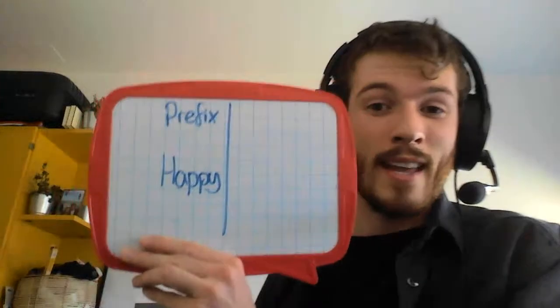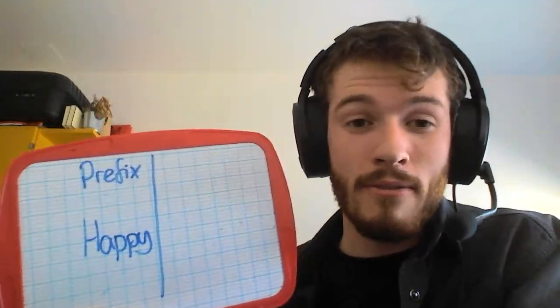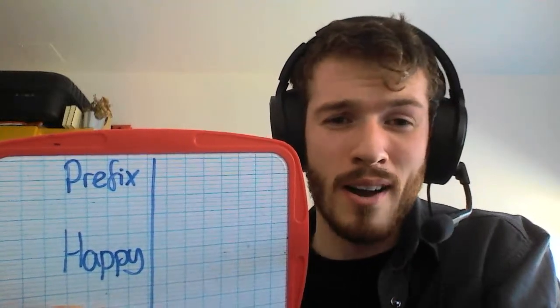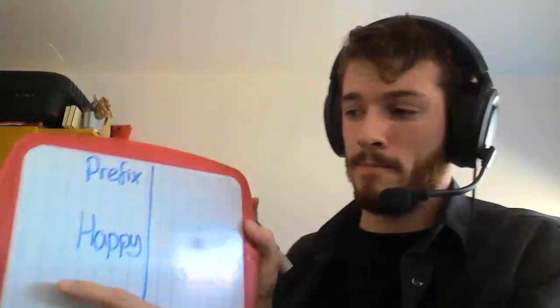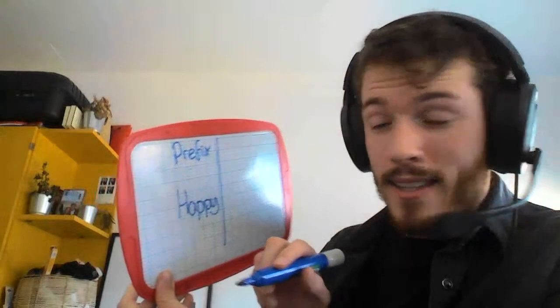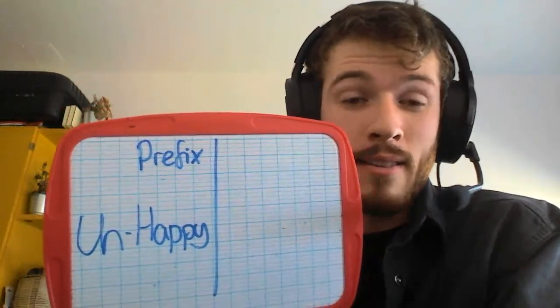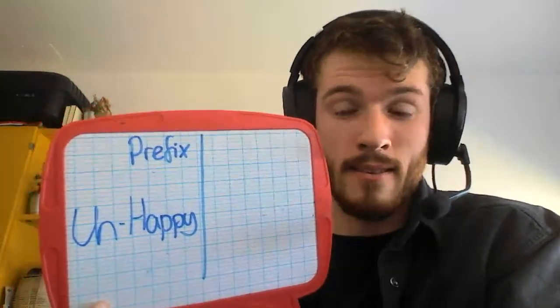Okay, happy means that you're feeling really good, you've had a good day, everything's going well, it's sunny in Paris, there's loads to be happy about. Happy. If maybe it starts to rain, you have loads of work, it's not a good day, we can add the letters U and N to the front of happy to make unhappy.